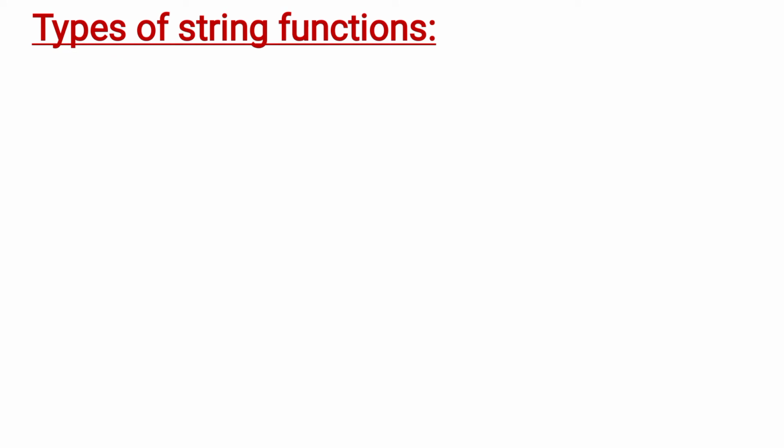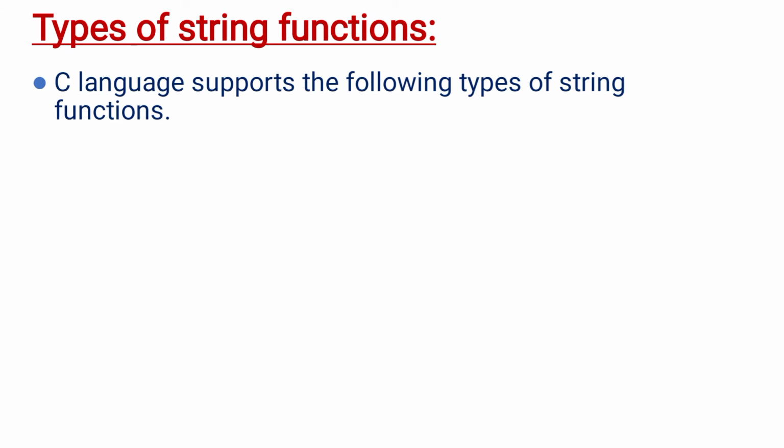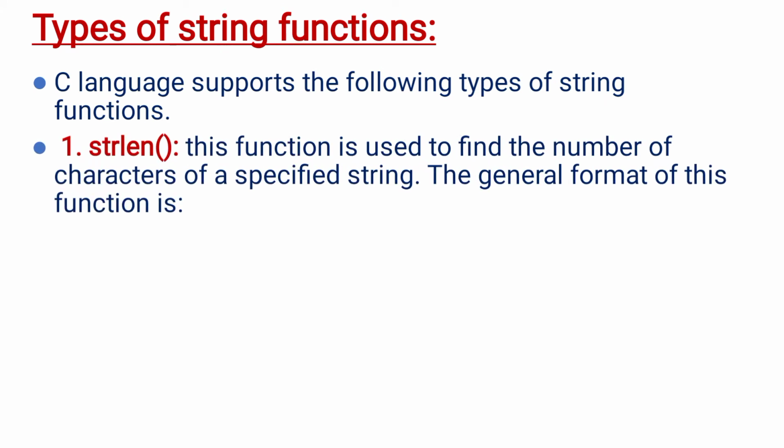Next we will see what types of string functions are available in C language. Number 1, strlen, the string length function. It is used to find the number of characters in a specified string.